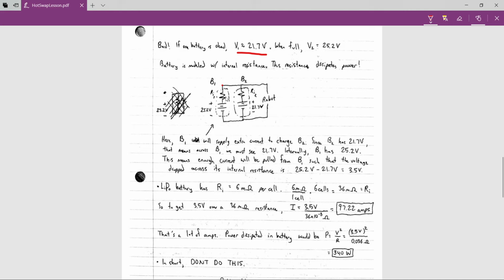And so I believe I did a calculation somewhere right here. So this number, 3.5 volts, is going to be the voltage that has to be dropped across this internal resistance. So the battery is basically going to pull as much current as necessary to drop 3.5 volts across this resistance right here, so that you have the same voltage across both these batteries.